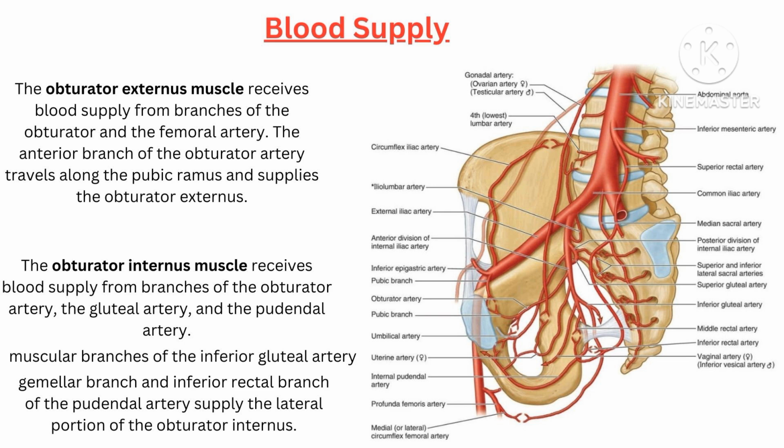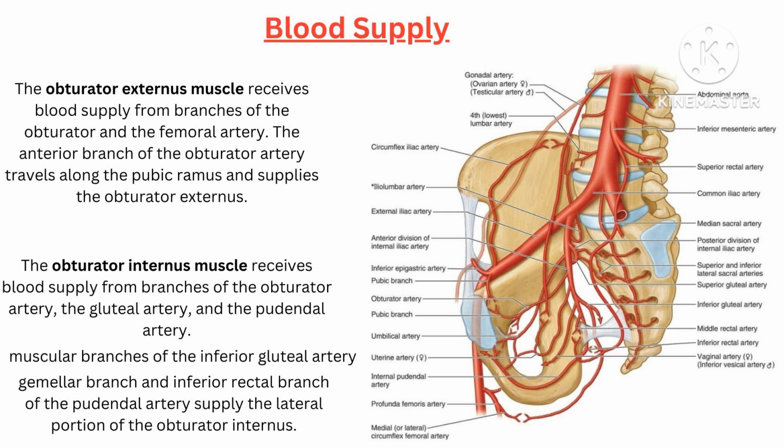These two branches, as well as the posterior branch of the obturator artery, anastomose with one another near the obturator externus muscle. It should be noted that there is some variability in the supply of the anterior branch of the obturator and the MCFA.